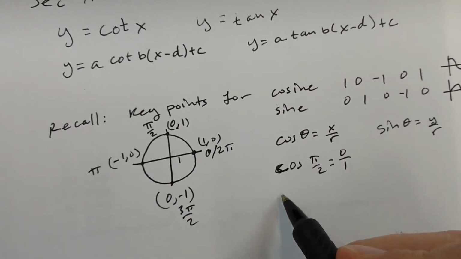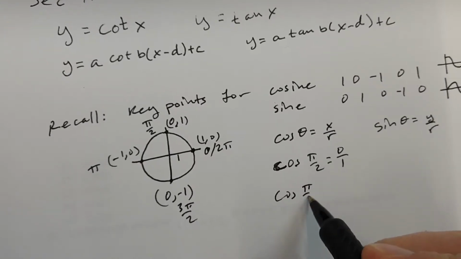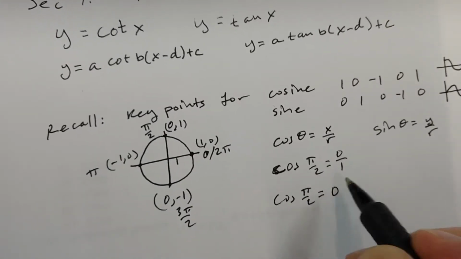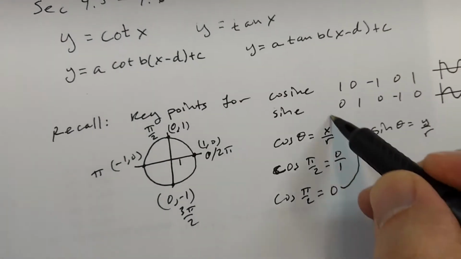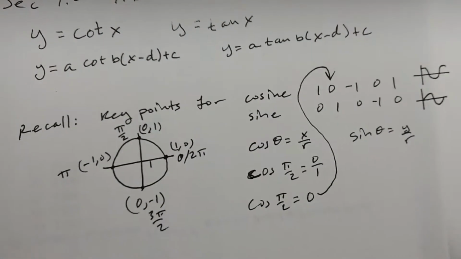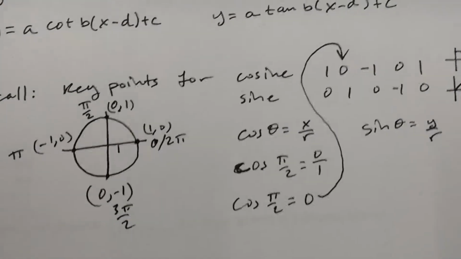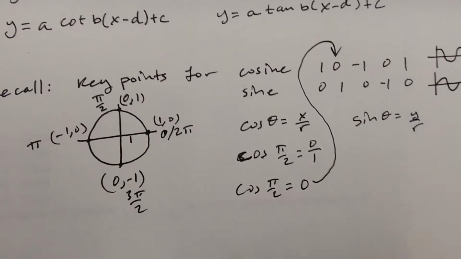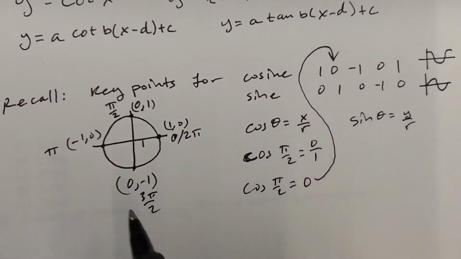So that's how we get the cosine of pi over 2 to equal 0, which is just this key point right here.